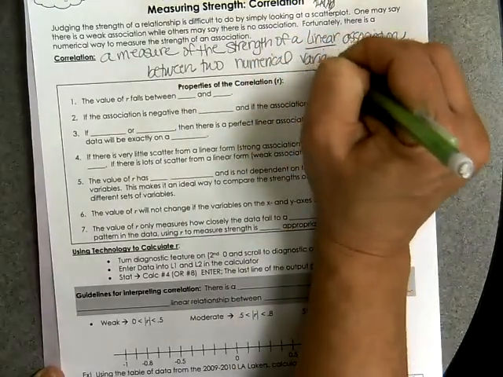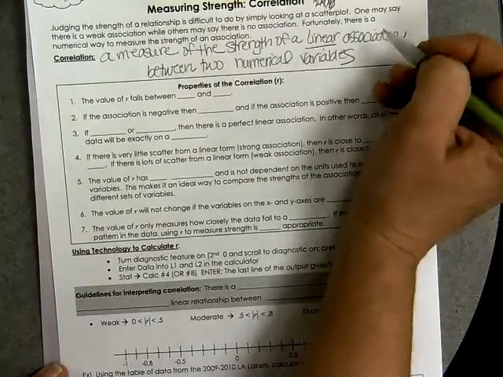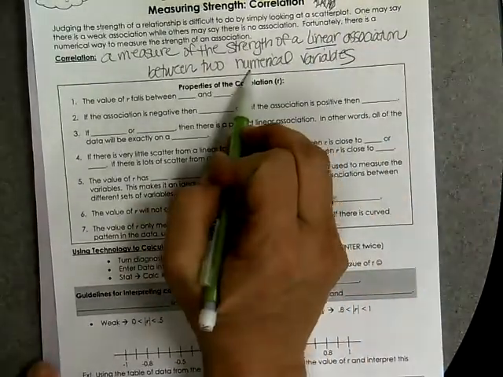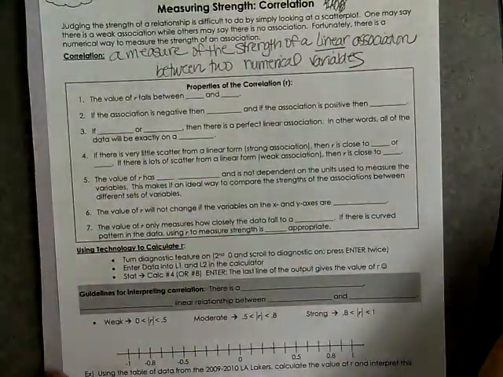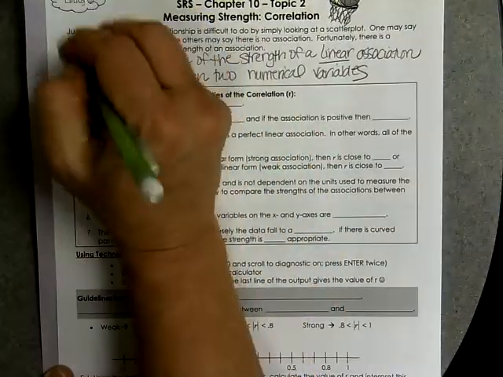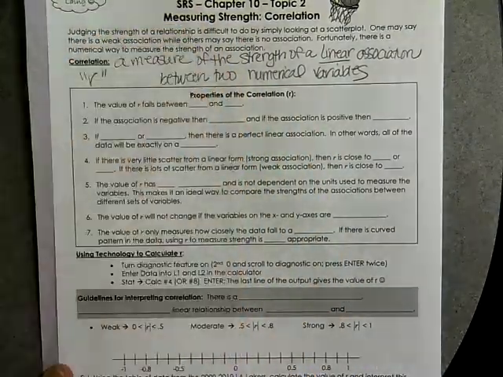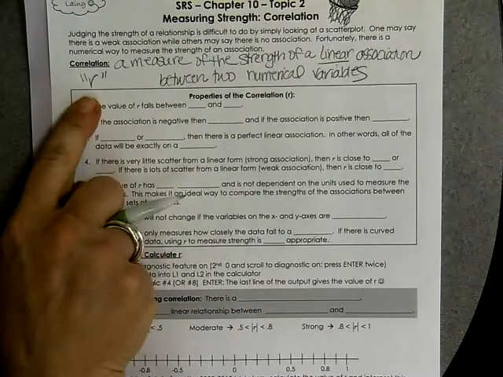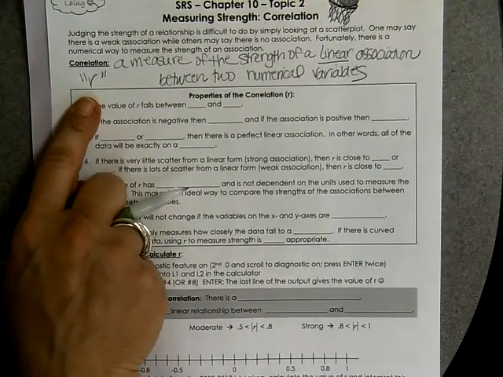Okay? So again, you can only find the correlation when we're graphing two numerical variables. Categorical variables, it's out. And correlation is often referred to by a lowercase r. So when we talk about r, we are talking about the correlation.